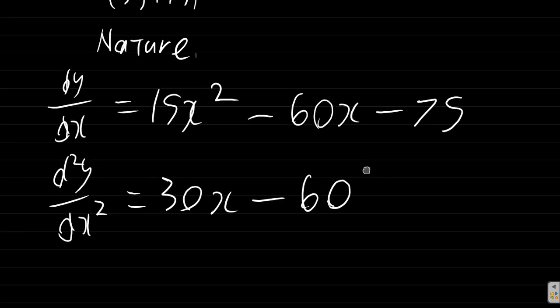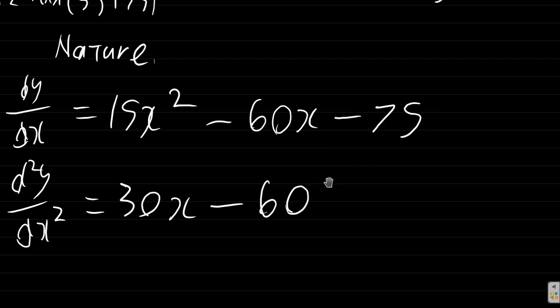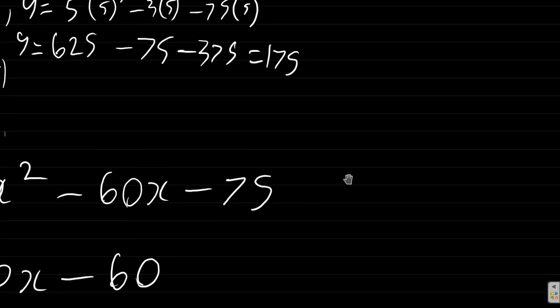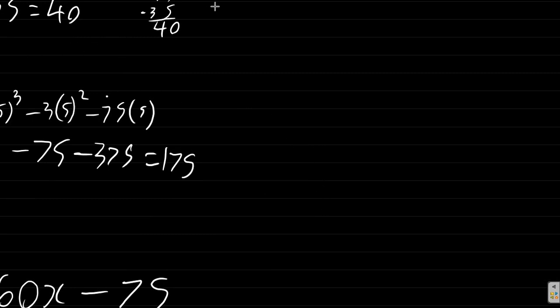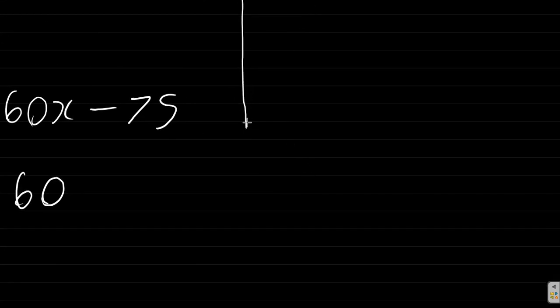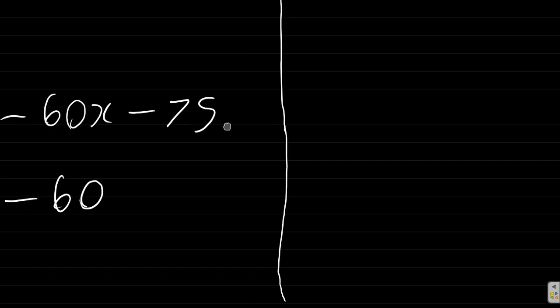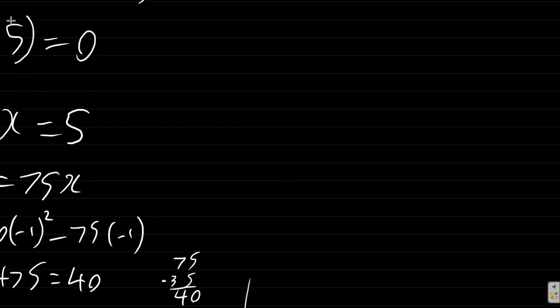Now we're going to substitute the values of x in this. Let me draw a little line to separate the work. You remember that when we substitute the value of x in the second derivative, and we have a negative value, then it means we have a maximum point.